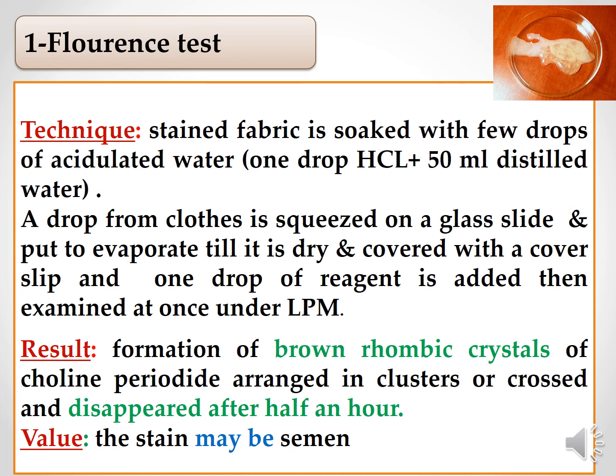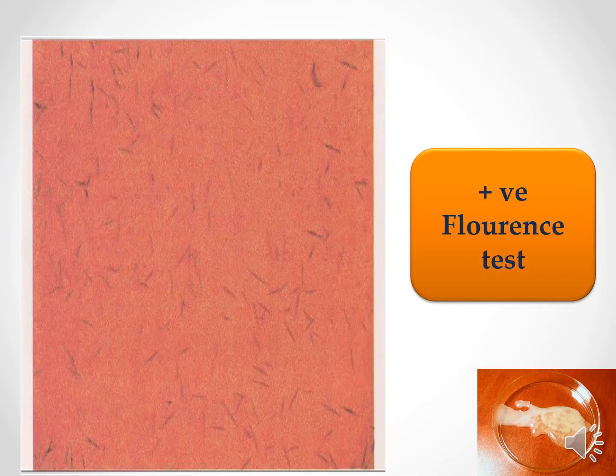Result: formation of brown rhombic crystals of choline periodide arranged in clusters or crossed. It is important to know they disappear after half an hour. Value: the stain may be semen.